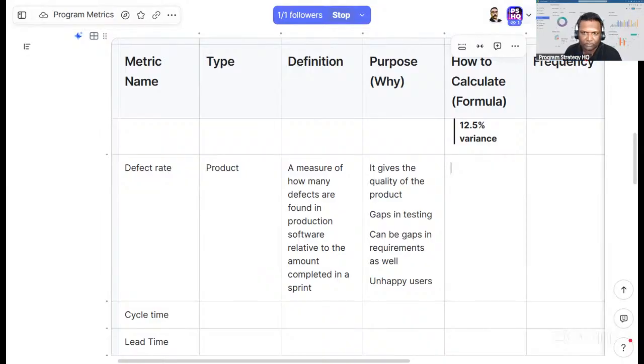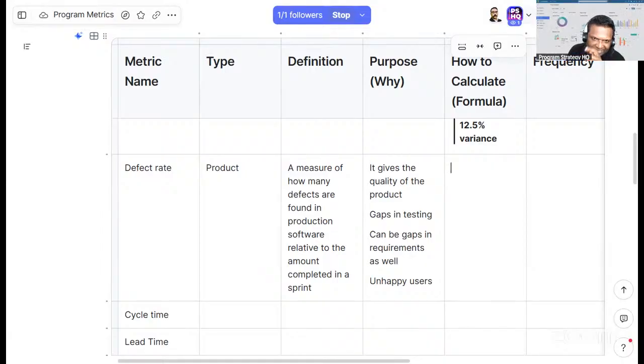Give me a minute. I'll just put it in the notepad. Option A, percentage, number of defects in the sprint. Why am I not able to get the screenshot? Snip tool, yeah.